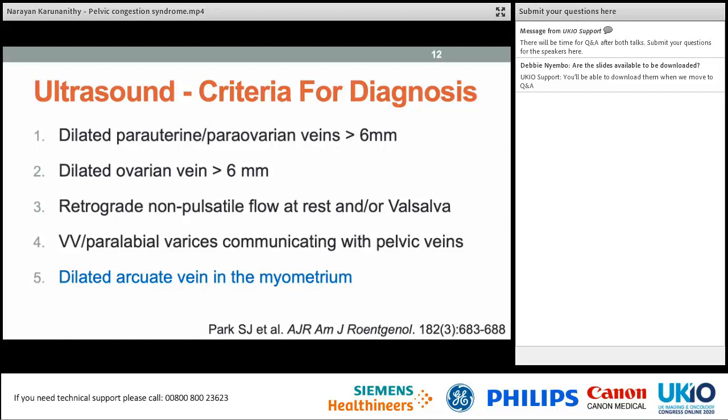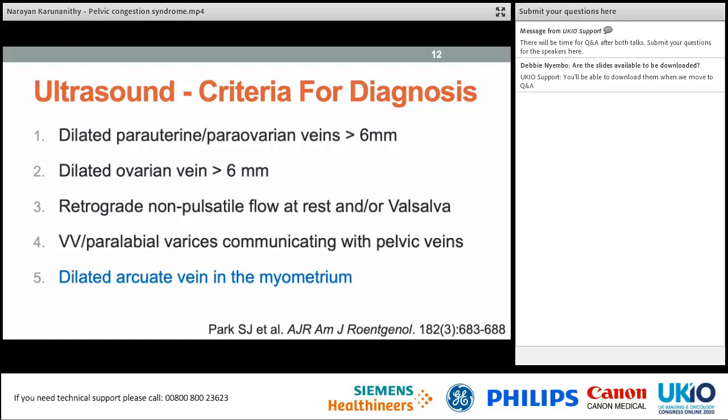Obviously Doppler is very important, mainly to make sure that from a diagnostic point of view, what you're looking at is veins rather than cystic structures, and the flow characteristics can be very useful also. When you see retrograde non-pulsatile flow at rest and or Valsalva, that gives you a high index of suspicion that there is pelvic vein insufficiency. The other feature we look for is varicose veins, paralabial varices in the upper medial thigh.